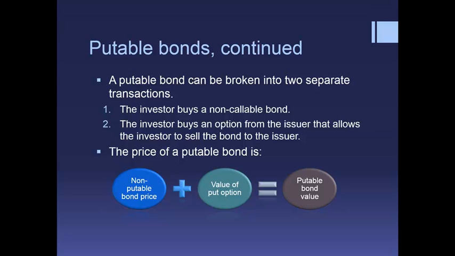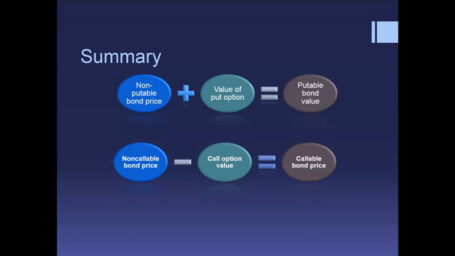So you have all the benefit of a regular straight old bond, and then you have the value of that option to sell it back to the company. So that gives you an additive relationship. So comparing the puttable, which is the top line here, with the callable bond, we see that relationship, that to get the value, we're dealing with a valuable bond without an option, and then it's simply adjusting for the value of the option.